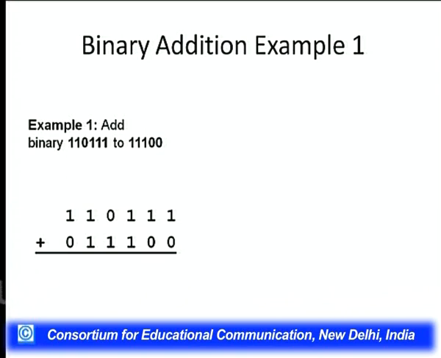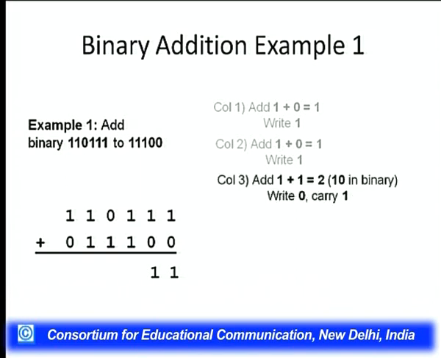Again the next is 1 and 0, so the answer is 1 again, so you write 1 here, again 1 and 0, so you write 1 here. Now in the third you have 1 and 1, so when you add 1 and 1, the answer is 2, which is represented as 10 in binary. So you write down the 0 and you carry over the 1.